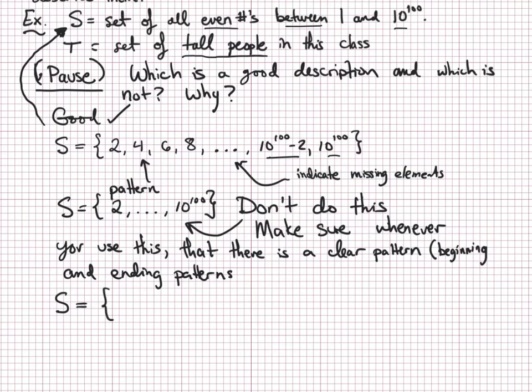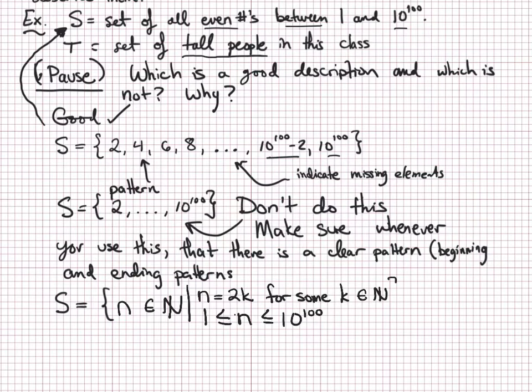So I can describe this as, say, n, elements of the natural numbers, so that n is equal to 2k for some k in the natural numbers, and also 1 is less than or equal to n, less than or equal to 10 to the 100.